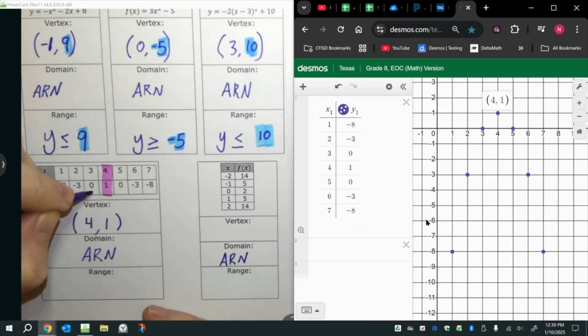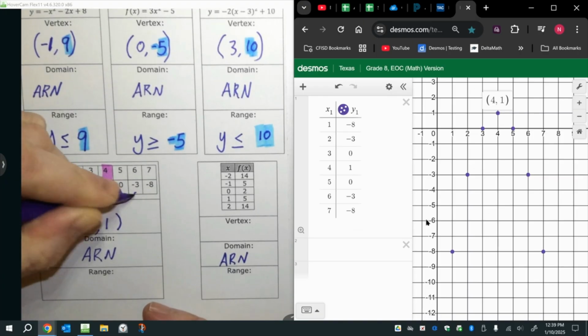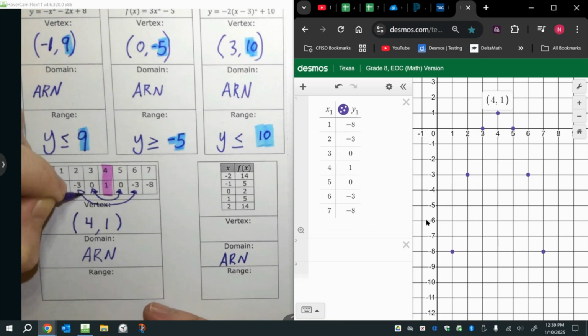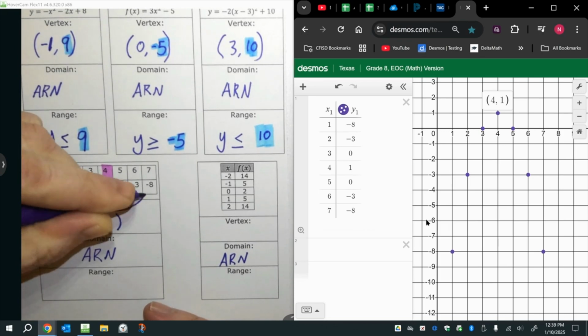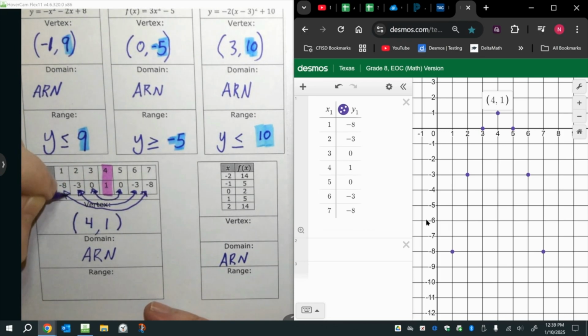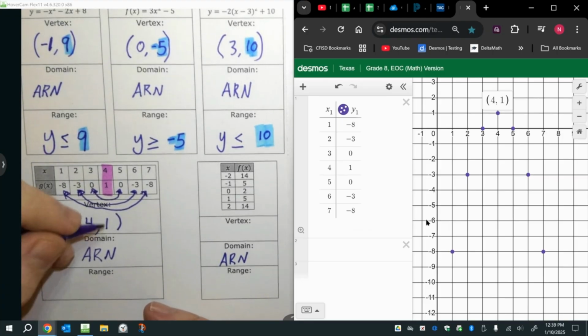Think about this: these guys are symmetric, these guys are symmetric, and this is a symmetric pair. Because this guy doesn't have a partner, he's pairless, then he's the vertex. So you can see it that way.